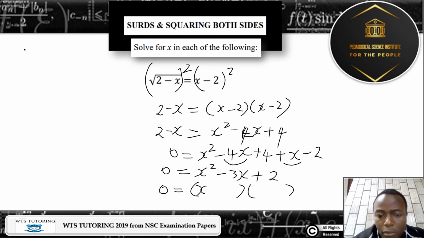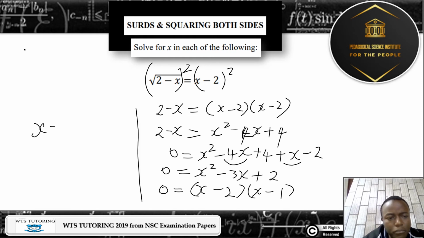So factors of 2 is 2 times 1. There's no other factors, but we want to ensure that they give us minus 3, right? So it must be minus 2 minus 1, so that it can be minus 3. Great. Then now we can solve for x.